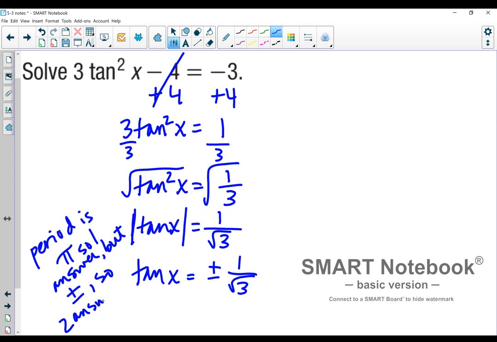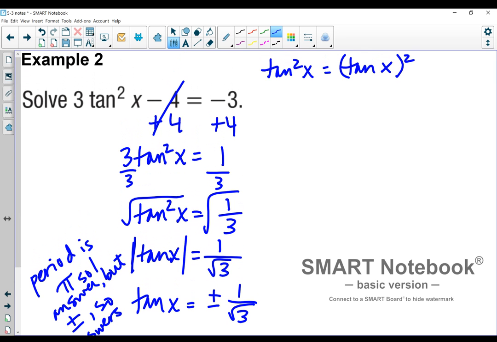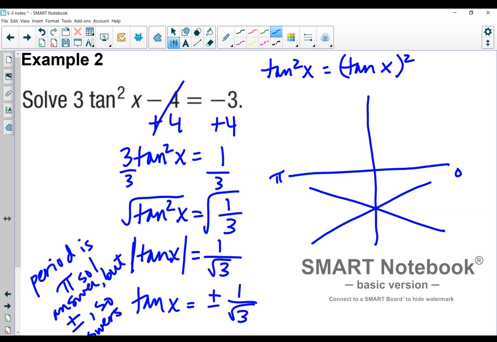We'll have one positive answer from 0 to pi and one negative answer from 0 to pi. So what that period means, since the period is just pi, here's 0, here's pi, my answers are going to fall between 0 and pi. We're not going to have answers between pi and 2 pi. So only between 0 and pi will we look for answers.